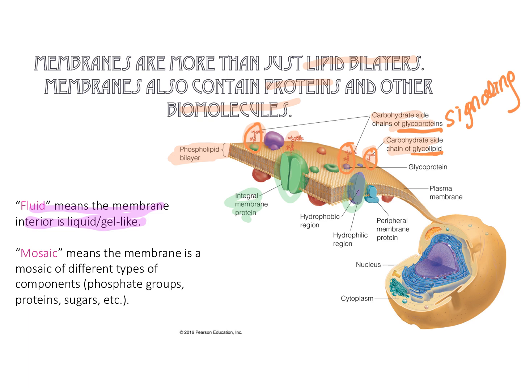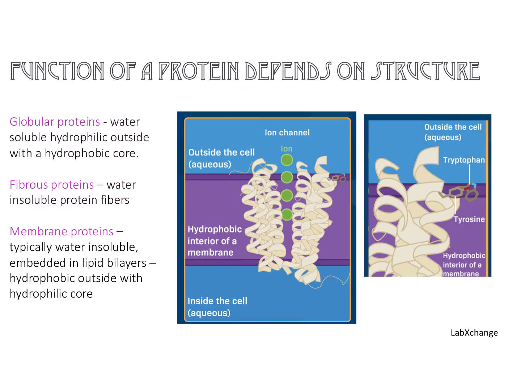And then the mosaic part refers to all the other components that are part of the membrane. So it's not just lipid bilayer. There's lots of interesting things that are part of the membrane. And so we are going to focus on membrane proteins today. So proteins that are part of the membrane or associated with the membrane.